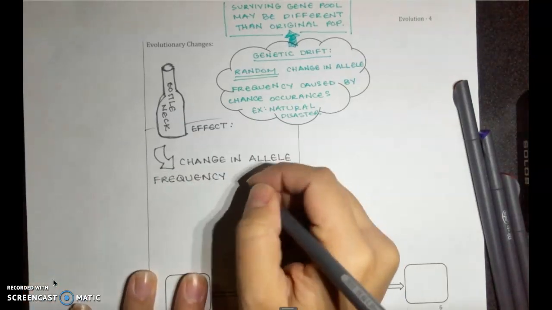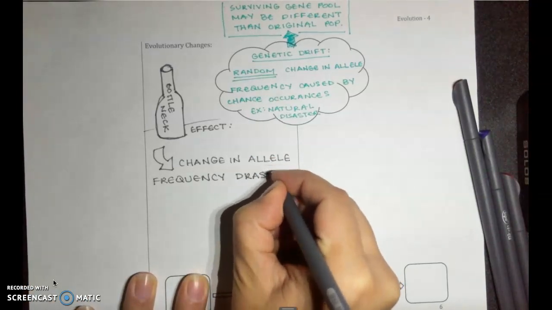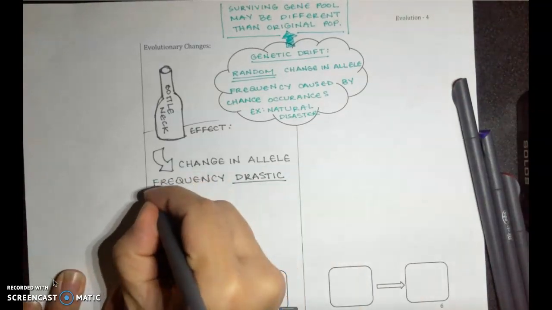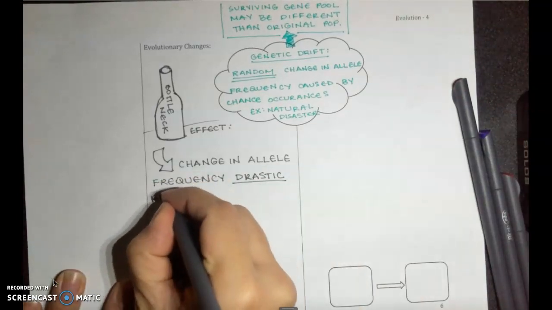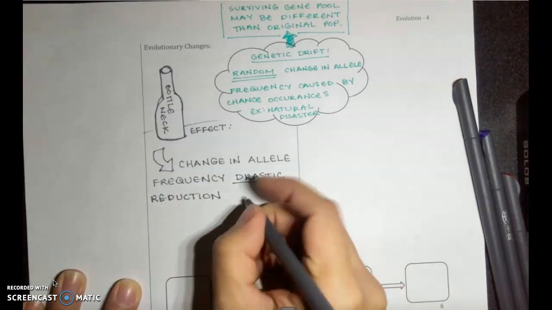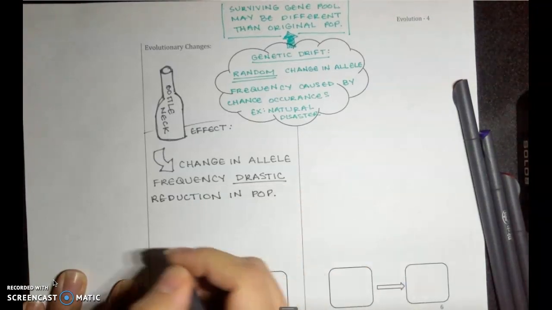So if we have some kind of natural disaster that wipes out a significant number of individuals in the population, that population is reduced by a large number, then the surviving gene pool may look drastically different than the original population.